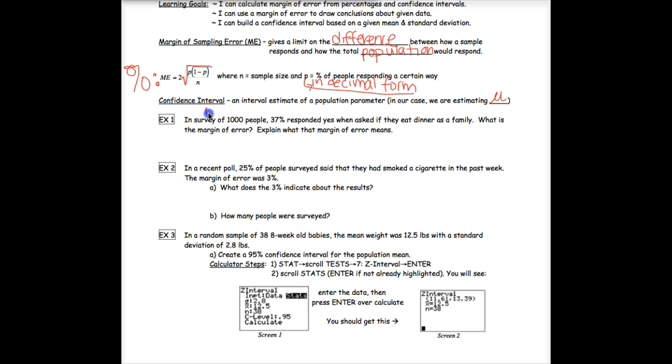So ME for confidence intervals is going to equal what we're going to call the max confidence interval value minus the minimum confidence interval value, divided by 2.